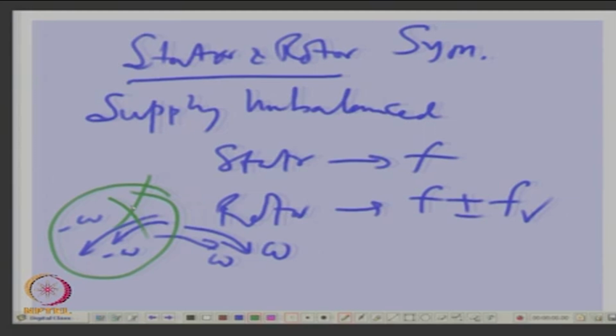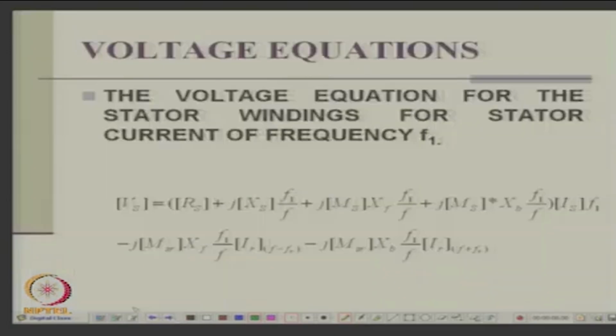Any doubt at this point of the nature of fields in both symmetrical and asymmetrical machines with both symmetrical and unbalanced supplies? Okay. So, I am just recapping, we already know that the voltage equation will be, we have voltage matrix, RS, leakage reactance, they are all referred to the corresponding frequency F1.